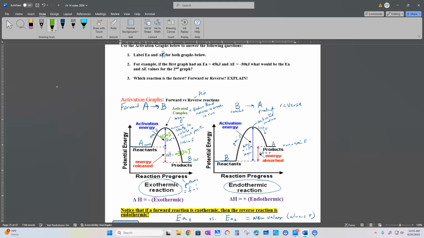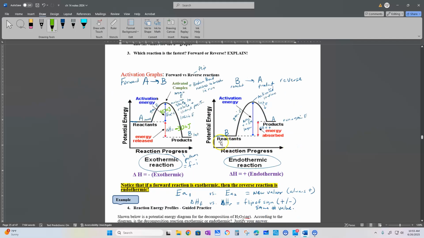Okay, so negative 30. What would be the new EA and the delta H for the reverse? Remember what I said right here for the delta H, forward and reverse. Same number, flipping the sign. So if this delta H was negative 30, well then this delta H is going to be positive 30. Okay, that's the easy one to figure out.